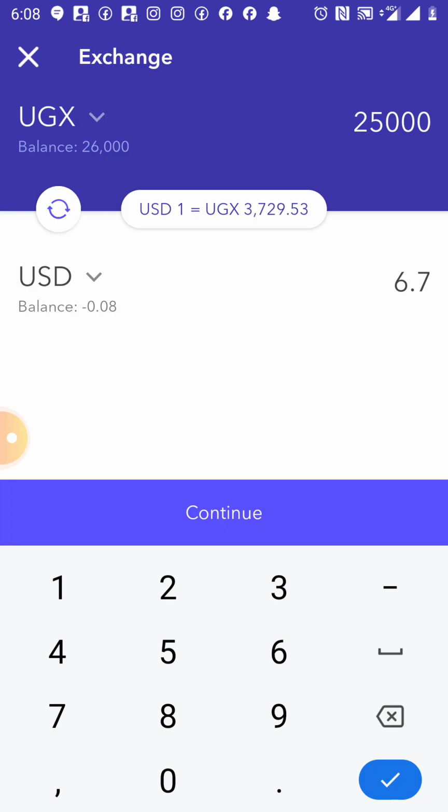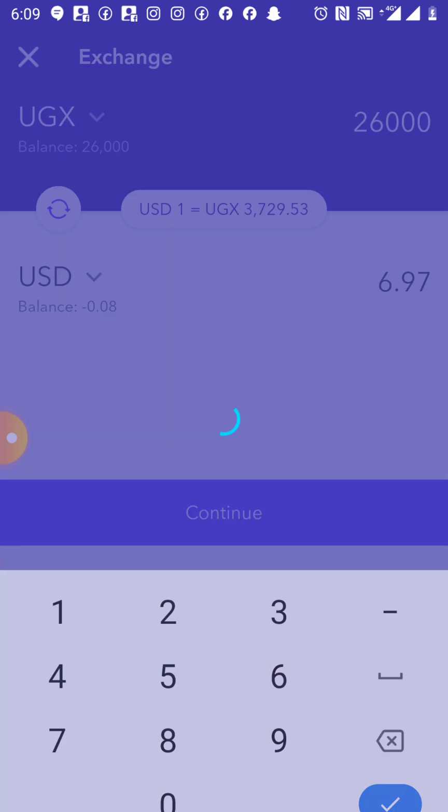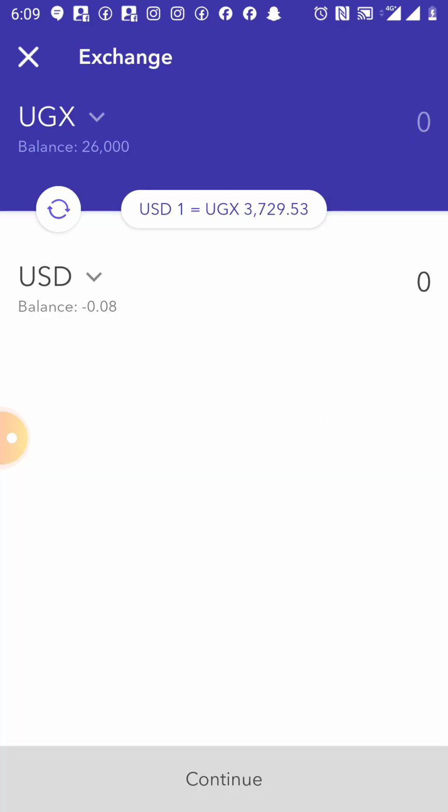We need to first exchange this money to be able to create this card, and also deposit some money on it. So if I make this 6, it is approximately coming to that. Should I complete the whole money? But they have to give me a charge for the exchange. So let me click continue and see if they will allow me to do that.